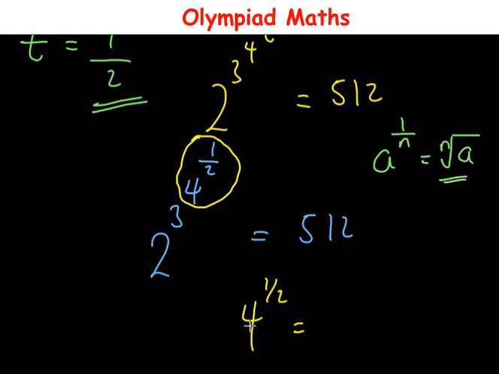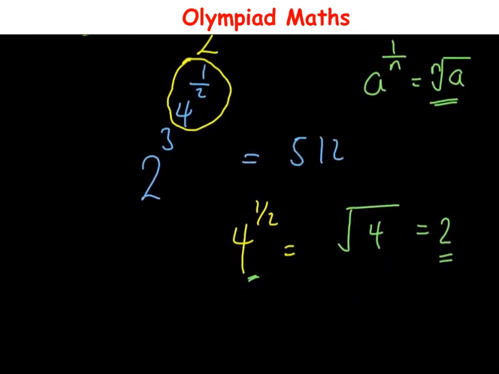So applying this rule right here, this then becomes the square root of 4, and the square root of 4 is equal to 2. So in place of 4 raised to power 1 over 2, we'll bring in 2. Shows that what we then have is 2 raised to power 3, then this becomes raised to power 2, will equal 512?